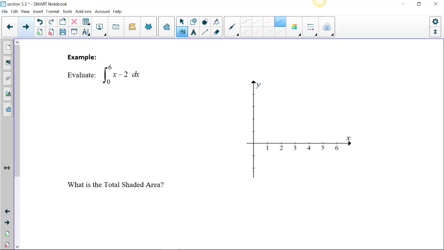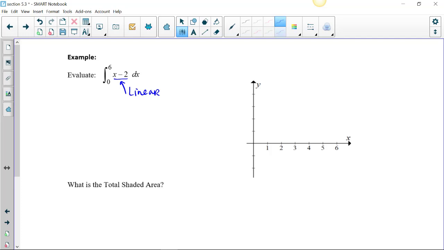So let's take a look at another example. Let's evaluate the definite integral from 0 to 6 of the function x minus 2. So notice this is a linear function, okay? We can find the exact value if we're looking at area bounded by the graph of a linear function, because we can divide it up into sections that we know.